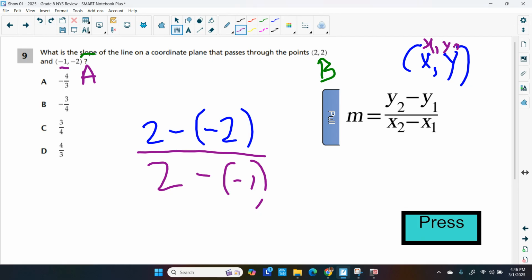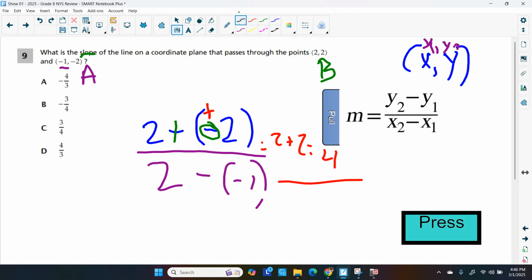But you should be able to handle it without a calculator, but I'm not going to do that to you. I'm going to do the work. Since there is no such thing as subtraction of signed numbers, we add them and change the sign of the second number to its additive inverse, which is opposite. So I'll change that -2 to a +2. So I have 2 plus 2, which equals 4 on the top.